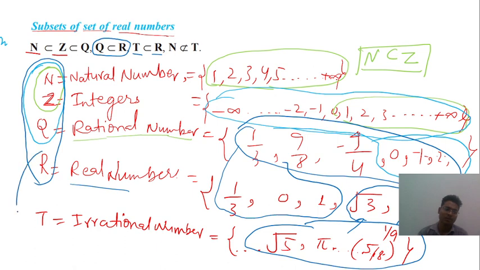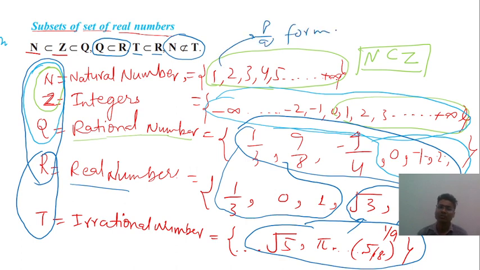So we say that those two are subsets, but natural numbers are not a subset of irrational numbers. You know the natural number can be written in the form p by q.